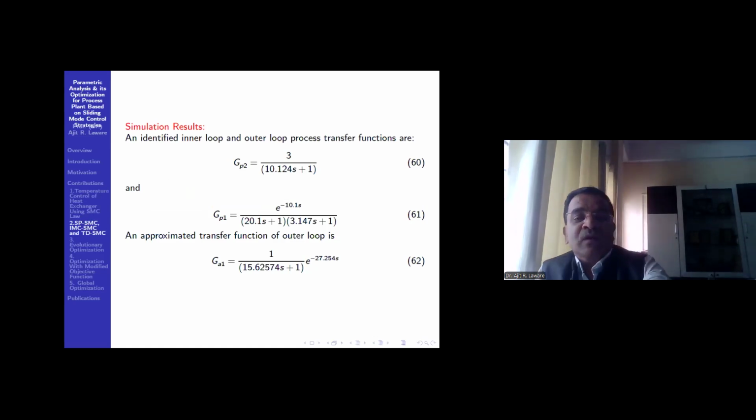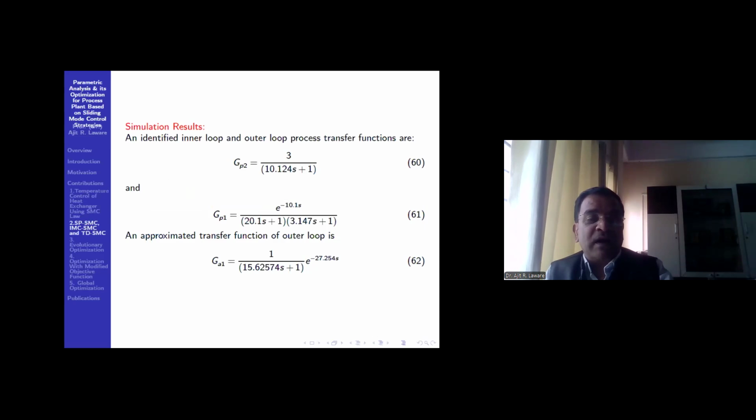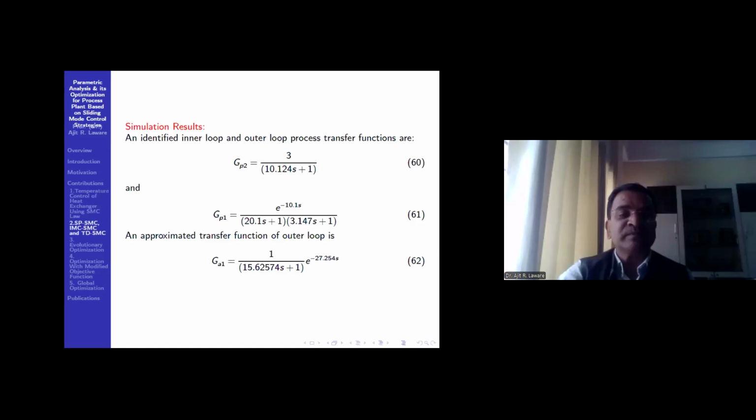GP1 means the outer loop process transfer function, and GP2 the inner loop process transfer function. Equation 62, so these are the parameters.